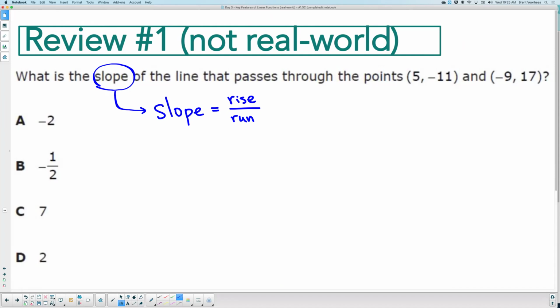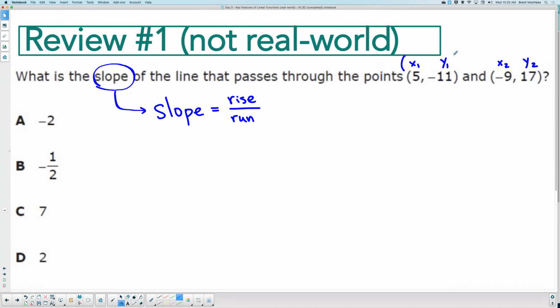Up and down. Which variable does up and down? The x's or the y's? The y's. To find your rise, you're going to subtract one y value from the other y value. So I'm going to list this as y1 and y2. The x values will be the run. I'm going to label those x1 and x2.